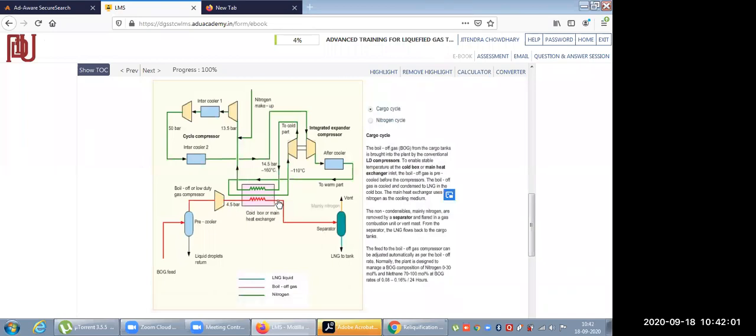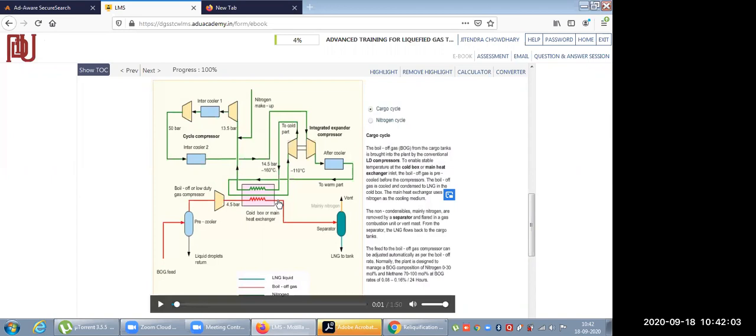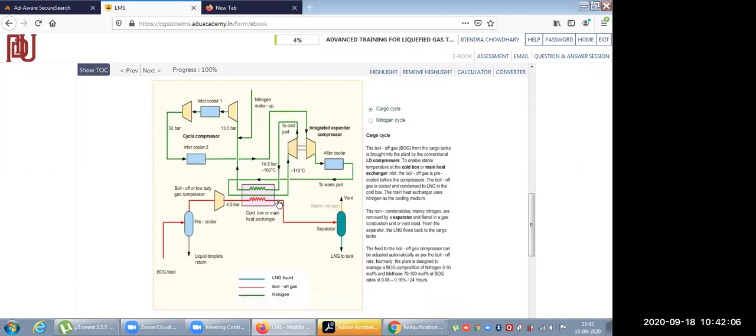Now the next thing is, instead of a condenser, we have a heat exchanger or cold box, because condensers have a capacity or limit up to which they can condense. To minus 163, condensing with a condenser is a little difficult. So we have this technology of cooling down the LNG with nitrogen.